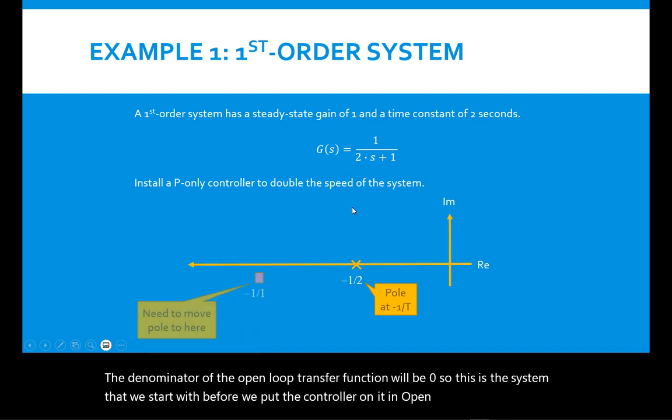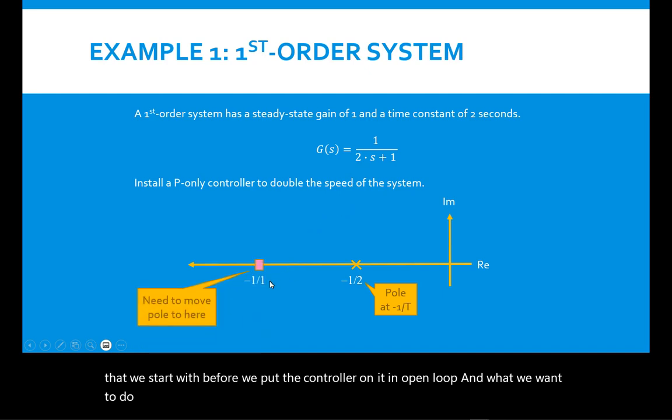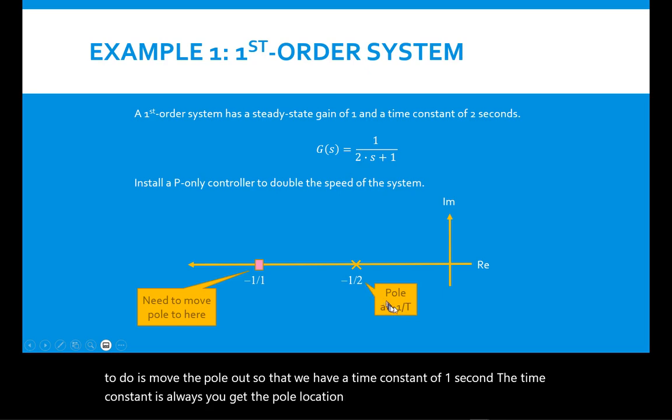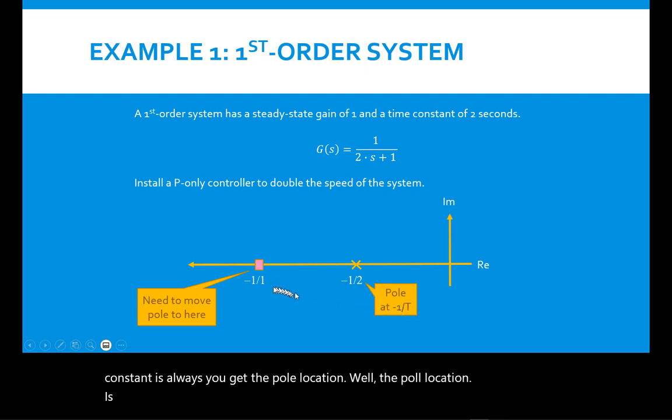And what we want to do is move the pole out so that we have a time constant of 1 second. The pole location is minus 1 over the time constant. So what we can see here by moving this out to this point, this is at minus 1/2, this is at minus 1.